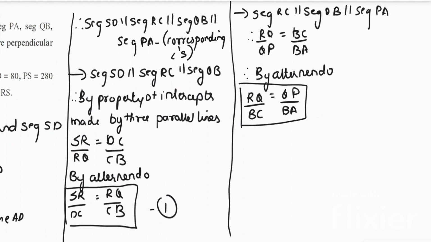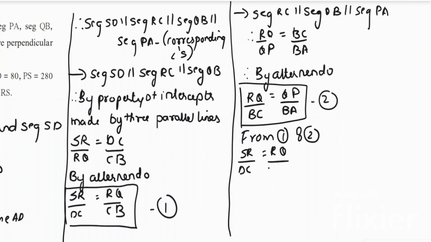Now from 1 and 2, what we will get? From equation 1 and 2, we will get SR upon DC is equal to RQ upon CB, is equal to QP upon BA.